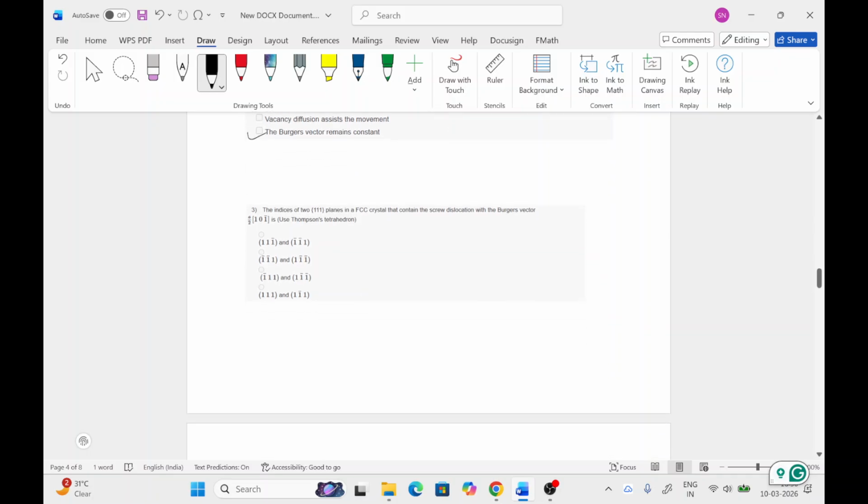Third question: the Miller indices of the 111 plane in an FCC crystal that contain the screw dislocation with the Burgers vector a by 2 1 0 bar 1 is used. For finding the glide plane for that Burgers vector, we do the dot product of the Burgers vector and the plane, and the dot product should be 0. For which option is the dot product 0?